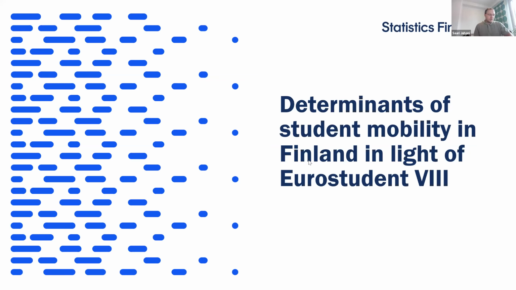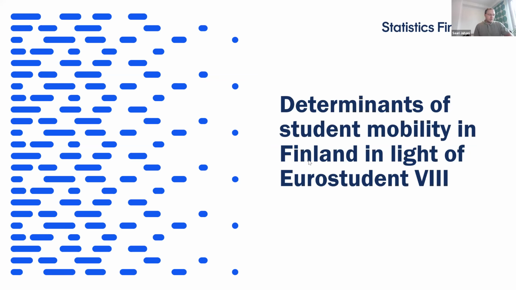Then the pandemic hits. This is the net effect of unrealized student mobility that can be witnessed in our statistics. Comparing the blue bars of 2018 to 2016 and 2017, we can see that more than half of outgoing mobility disappeared as a result of the COVID pandemic.